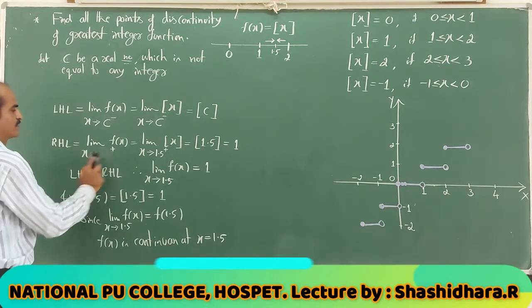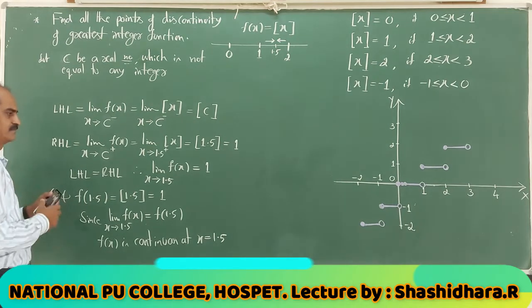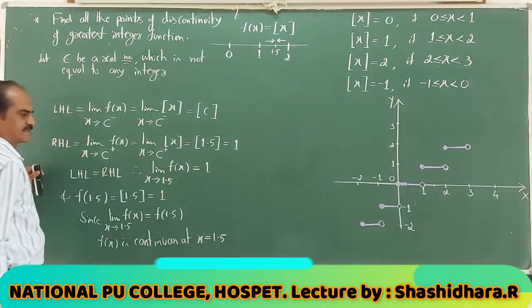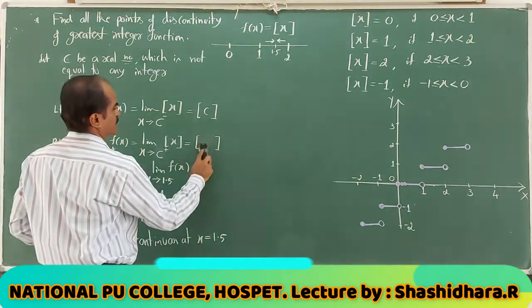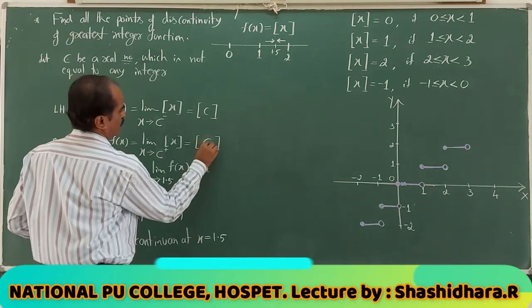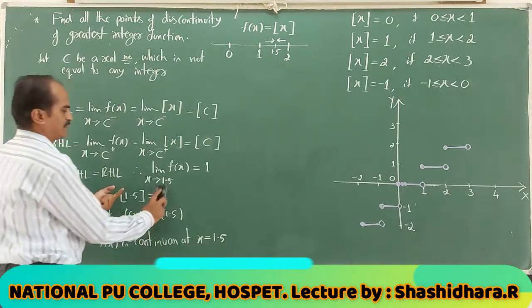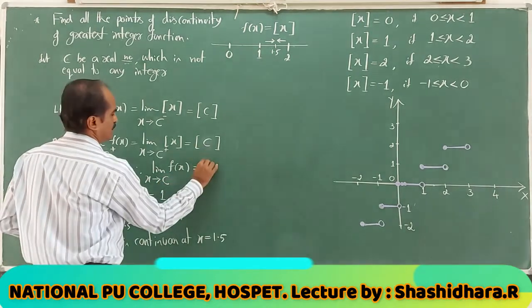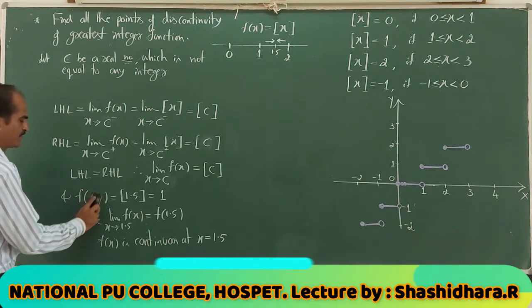Now RHL, the limit of f of x as x tends to C from the right side, the greatest integer of x as x approaches C from the right side, is the greatest integer of C. Both will be the same, LHL equals RHL. Therefore, the limit of f of x as x tends to C is equal to the greatest integer of C. Now, what is the function value at C?